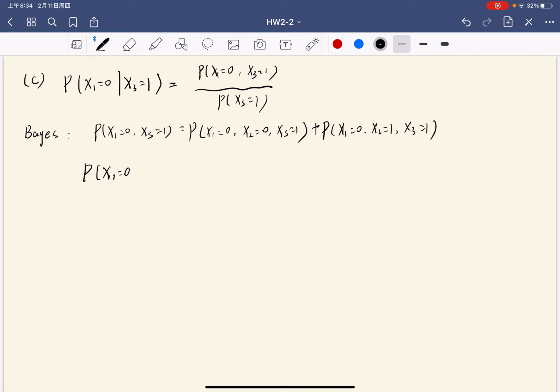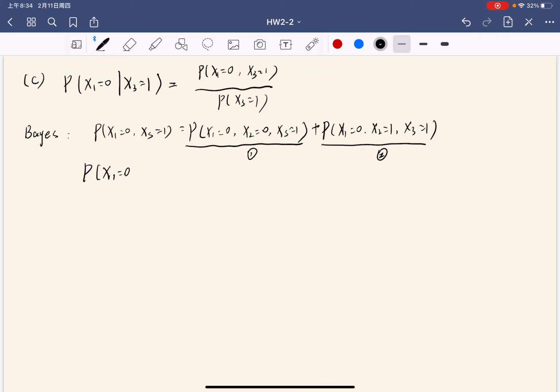First we need to calculate these two paths' results.